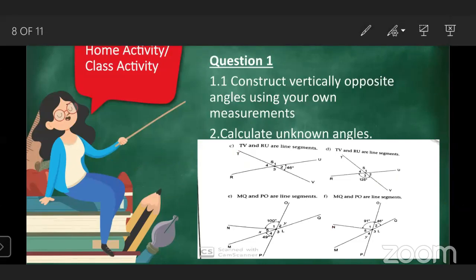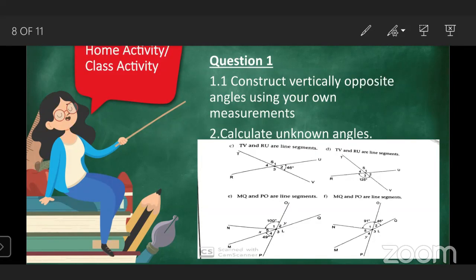So for your home activity, can you please answer number 2 and number 1.1. Last week, guys, I showed you how to construct your vertically opposite angle. Can you please go back to that video and check how you need your protractor to construct your own vertically opposite angle using your own measurements.